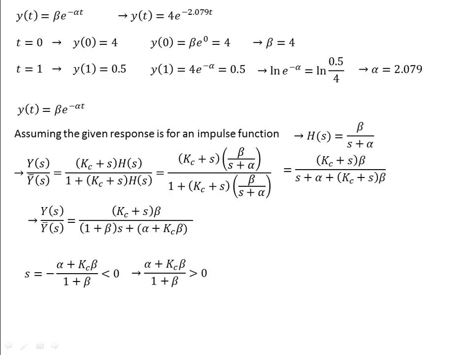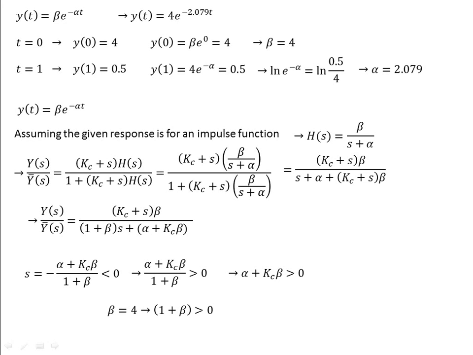In order for this fraction to be less than 0, since we have a minus here, it means that (alpha plus Kc beta) over (1 plus beta) should be bigger than 0. From the first part, we know that beta is 4. It has a positive value, so 1 plus beta is bigger than 0. In order for the total fraction to be bigger than 0, alpha plus Kc beta should be bigger than 0.